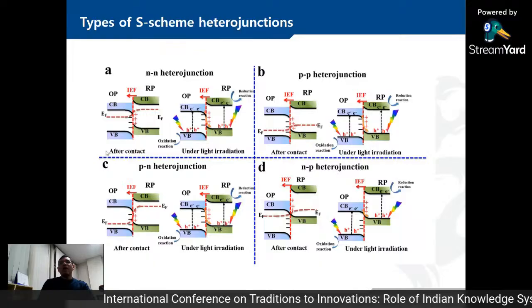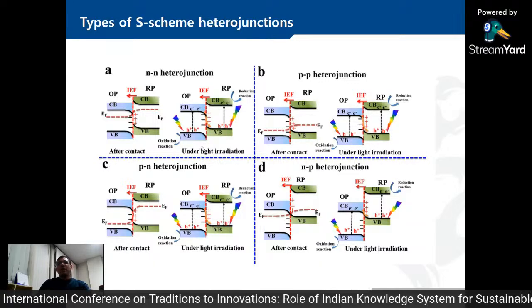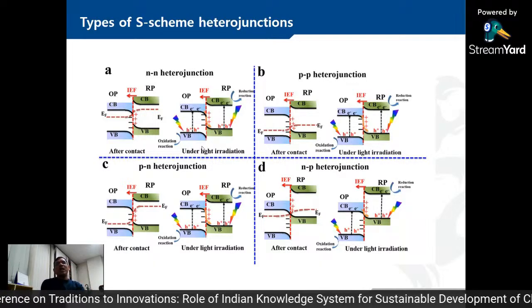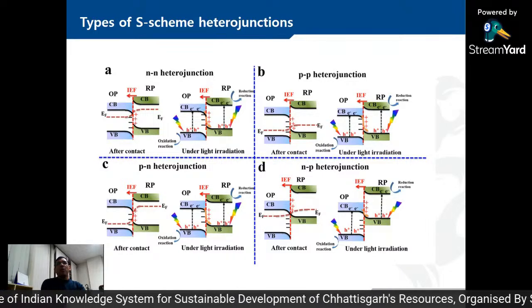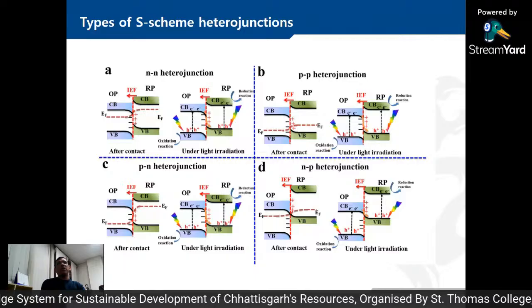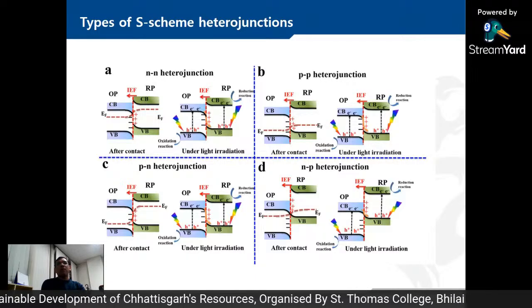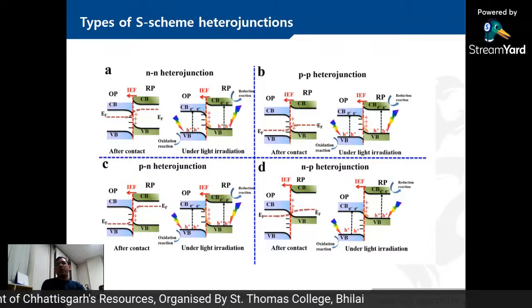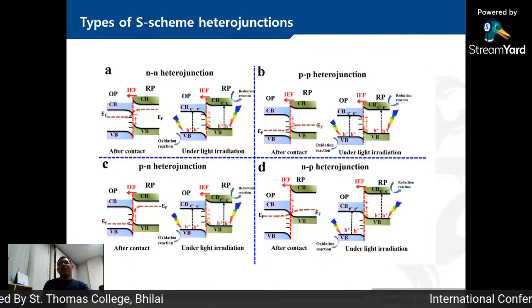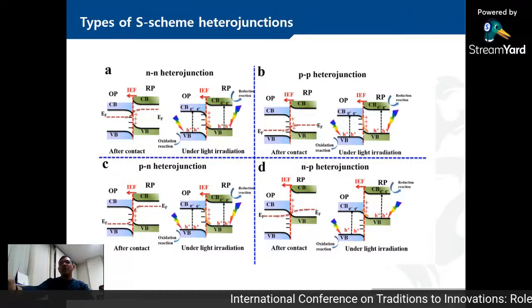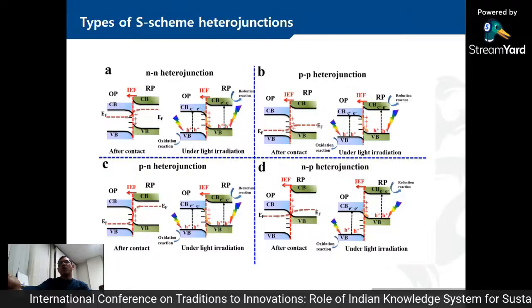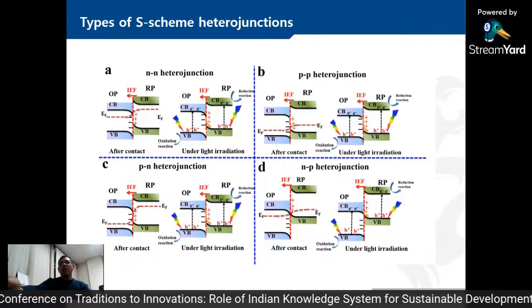So you can have any type of heterojunction, and the only thing is that we should know the band gap, conduction band position, or valence band position of semiconductor 1 and semiconductor 2 to choose which type of heterojunction it is generating, and whether this heterojunction is suitable for the S scheme or not.